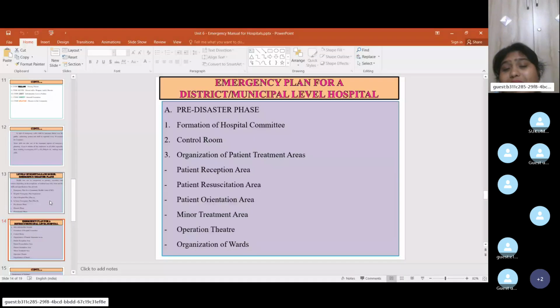A minor treatment area for people with very minor injuries, and shifting people to operation theaters if they have fractures or injury.